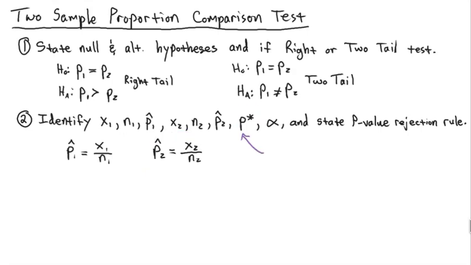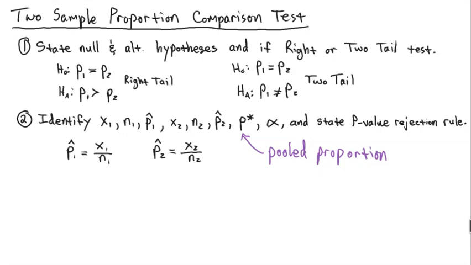But what about this P star? This P star only exists when you have 2 or more proportions. It's called a pooled proportion. It's a proportion that includes both x1 and x2, and it includes both n1 and n2.